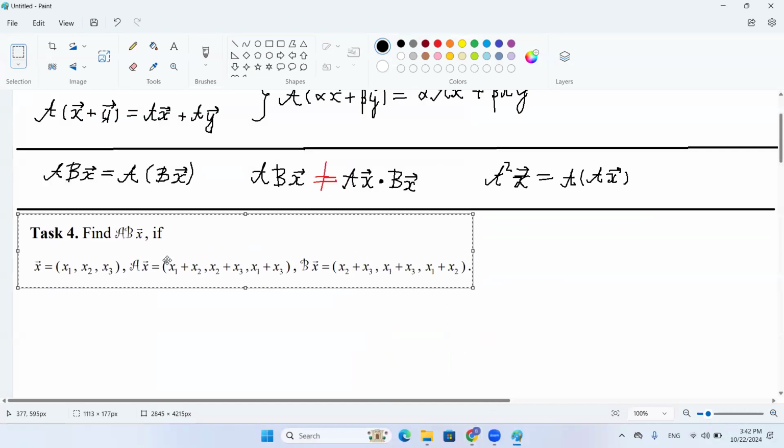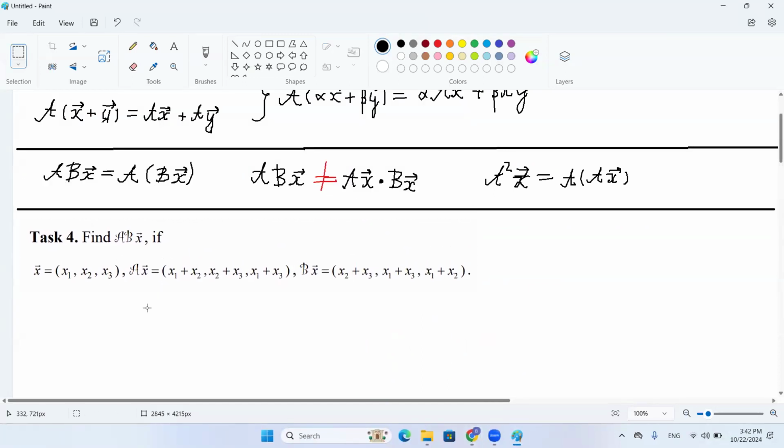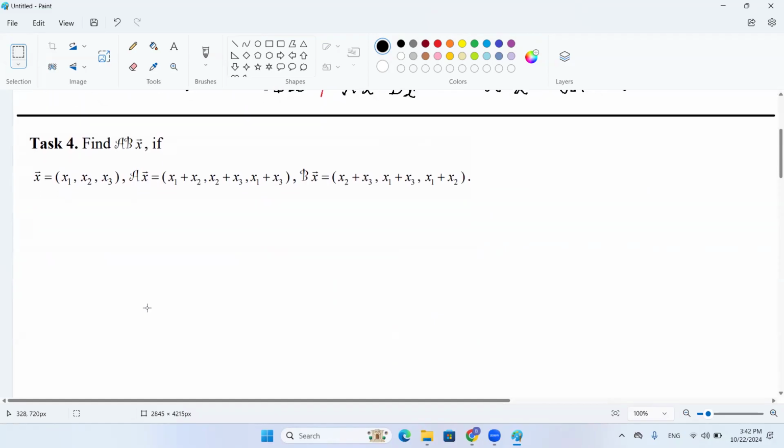Any ideas maybe how to solve? What can you suggest? So no ideas. Maybe should we rewrite this operator's transform to solve it in a more comfortable way, or not?